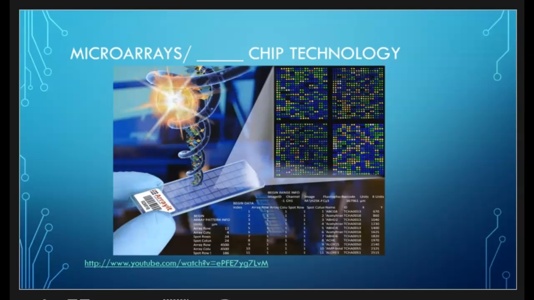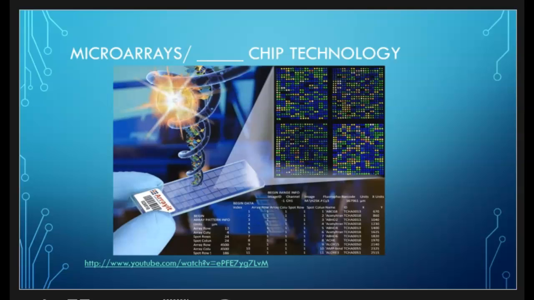Then number 2, we can have protein microarrays, where we are using proteins or antibodies. Then number 3 is CGH, or comparative genomic hybridization, or whole genome DNA. The purpose of microarrays is to identify unknown nucleic acids and compare healthy and diseased genes.